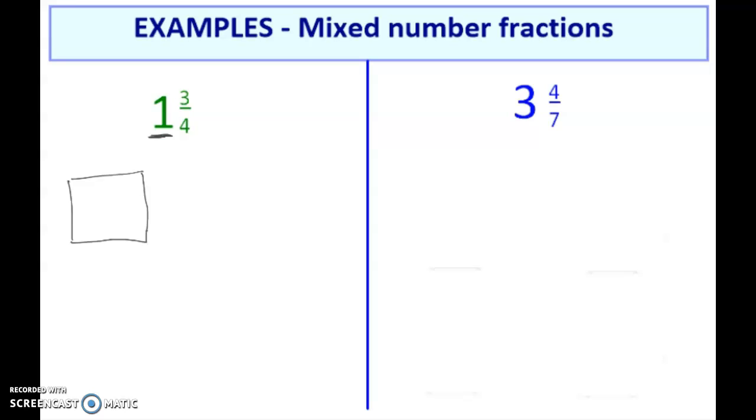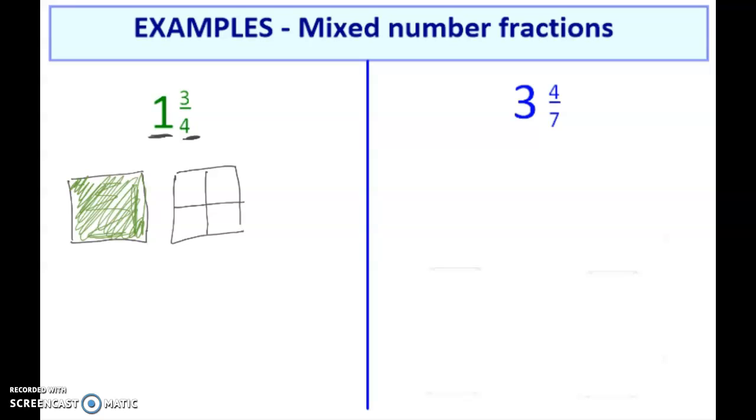That means that I can colour in a whole square. I've also got 3/4. That means I've also got to colour in 3/4 of a square.